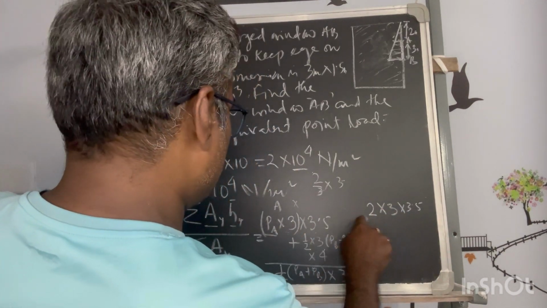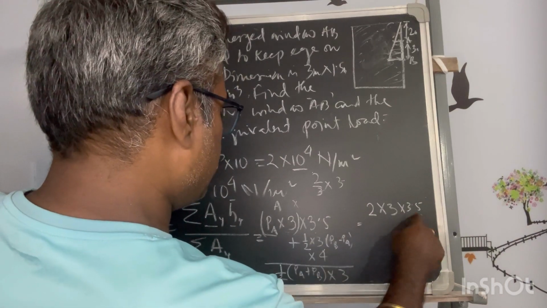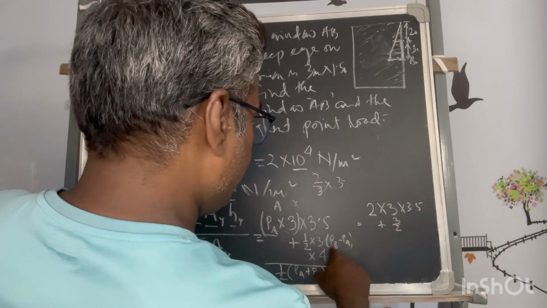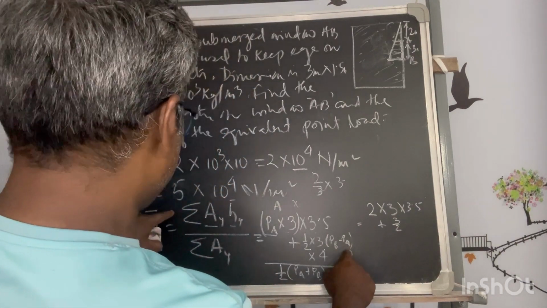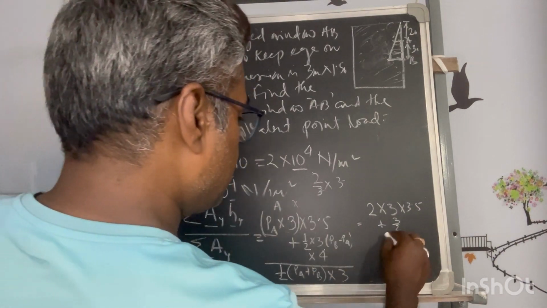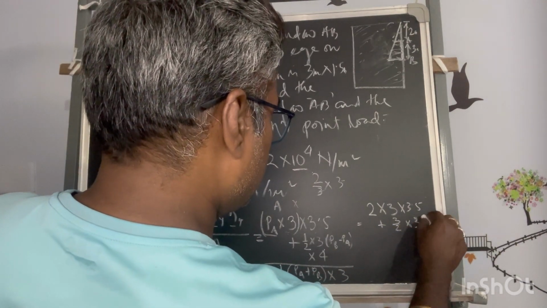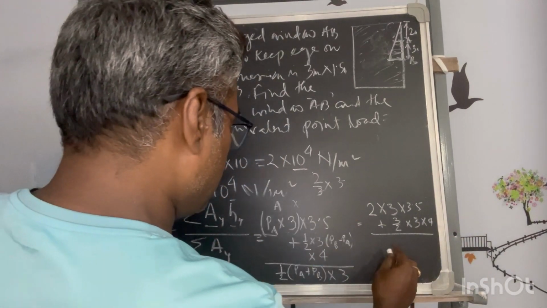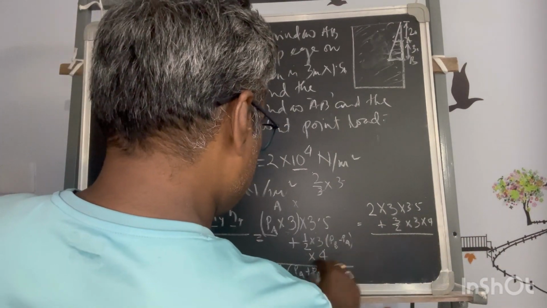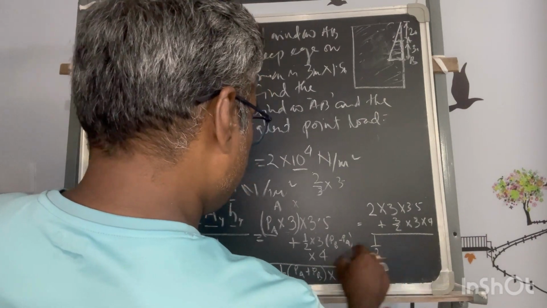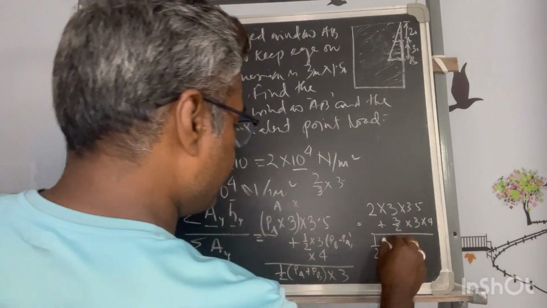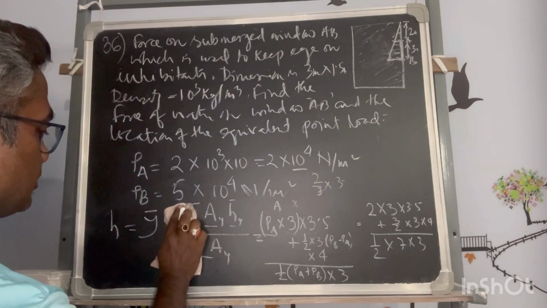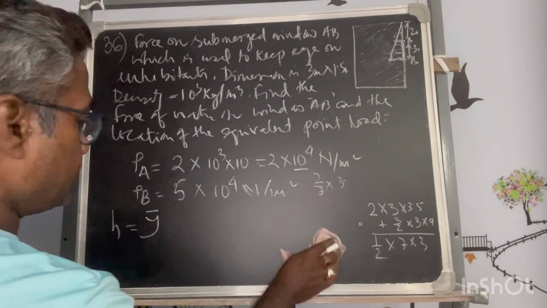So this will be 2 PA into 3 into 3 plus 3 by 2 times PB minus PA, which is only 3. So again 3 will come into 4. The linear terms will be eliminated. So this is half PA plus PB. This is 7 into 3. So now calculate this.